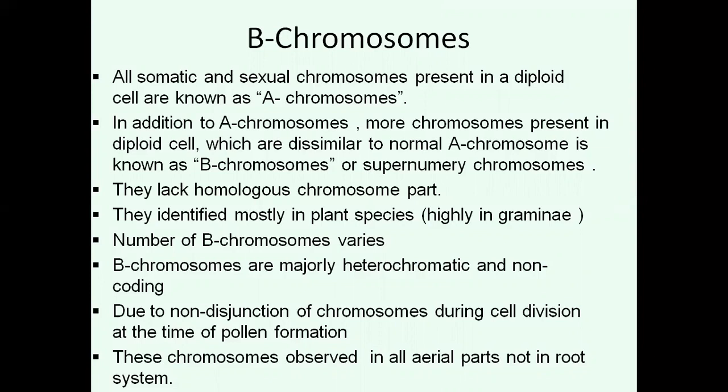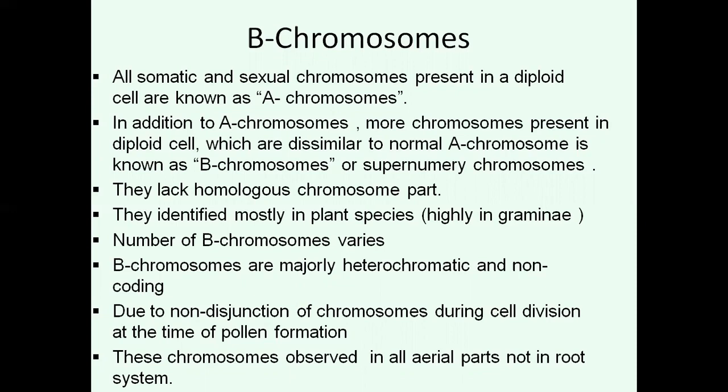They are identified mostly in plant species, highly in Gramineae members, and in animals also, but the number of B chromosomes varies from one species to another. B chromosomes are majorly heterochromatic and non-coding regions.